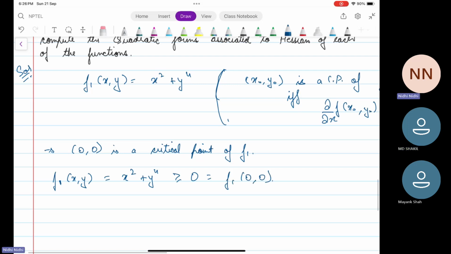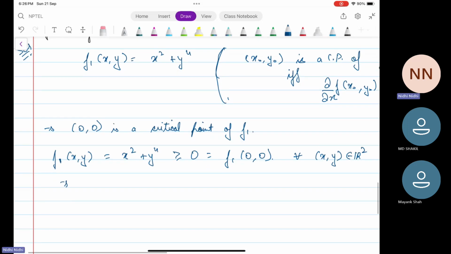That means the origin is a local minimum. Eventually it will be global because this is happening for every x, y. So (0,0) is a global minimum.